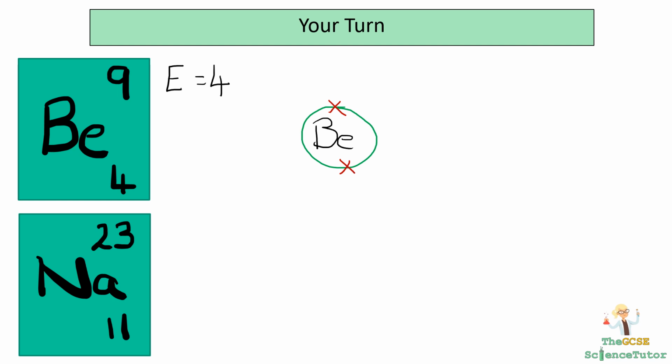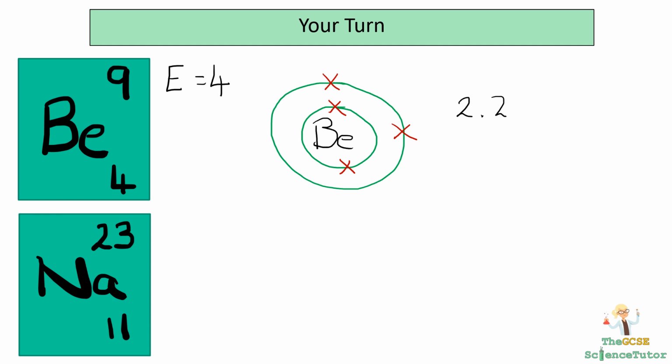Now we have 4 electrons to draw, so we need to draw another shell. And I'm going to place the next 2 electrons in this shell. And that gives us an electronic configuration of 2.2.